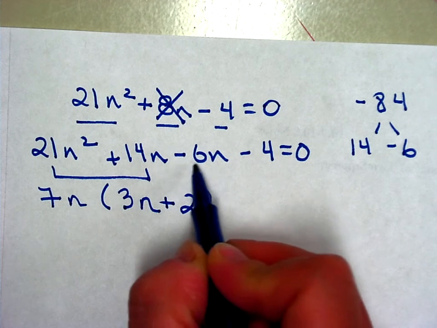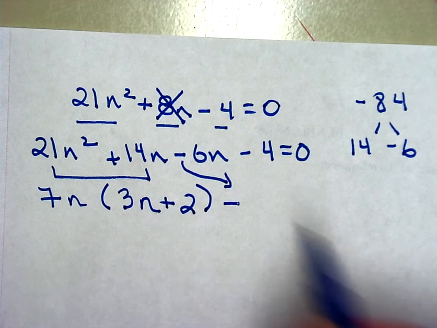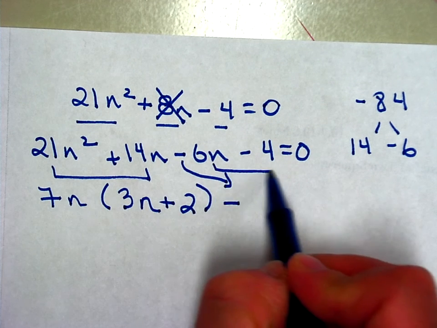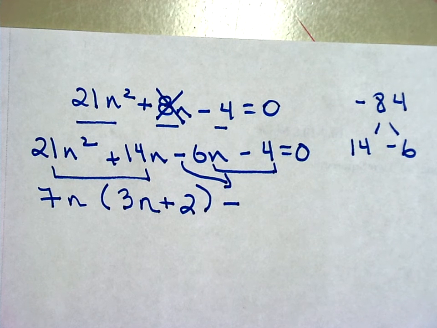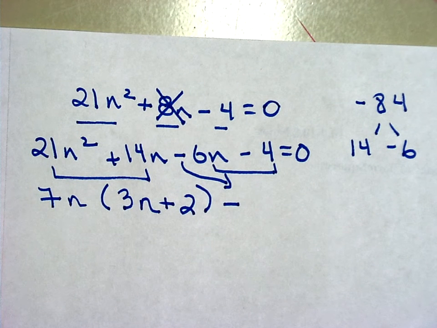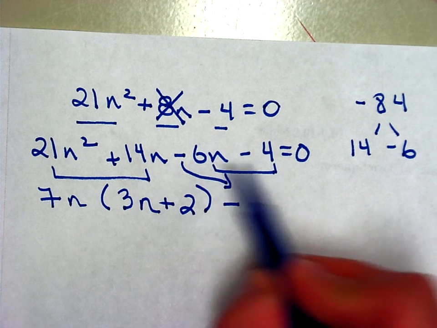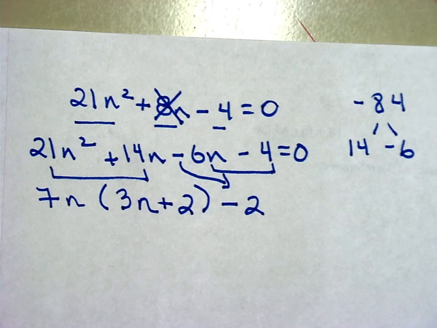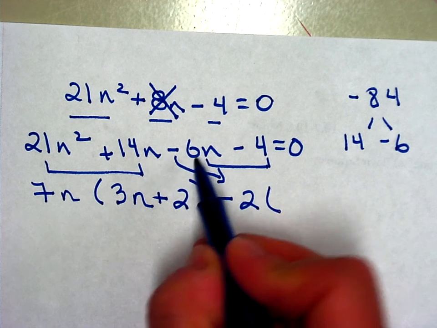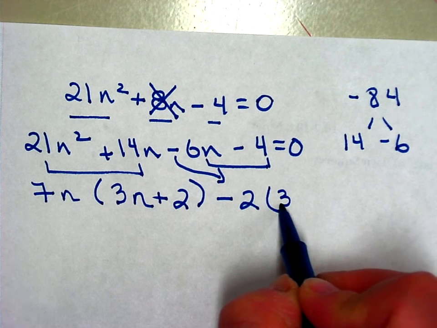Then you're going to bring down the next sign that you see, which is a minus sign, and you're going to do the same thing with the next two terms. You're looking for what's the biggest thing that you can divide out. I can divide out a 2 out of both 6 and 4. And there's no n in both of them, so I'm just going to pull out the 2. Same thing, 6 divided by 2 leaves me with a 3. The n is still there.